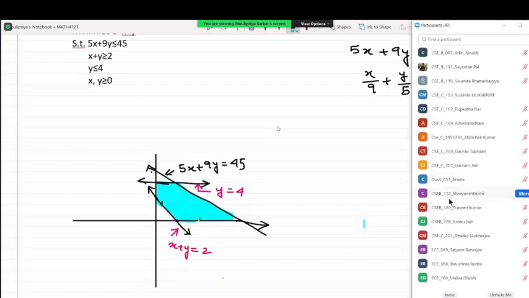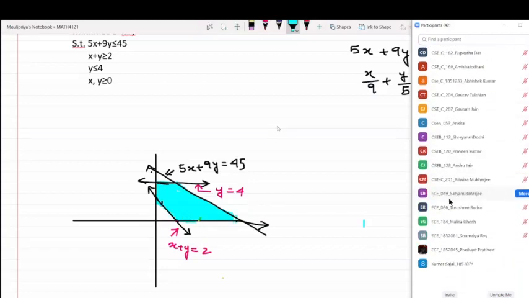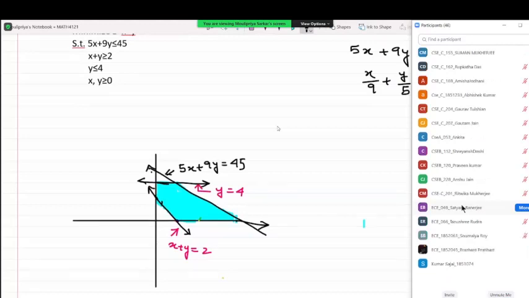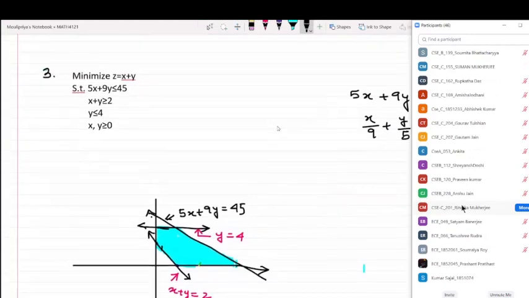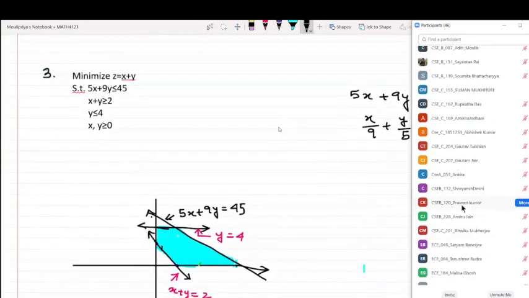Do you mean this region? Am I okay? Are we okay with drawing the feasible region? Yes, ma'am. Okay. So this being again a minimization type of problem.